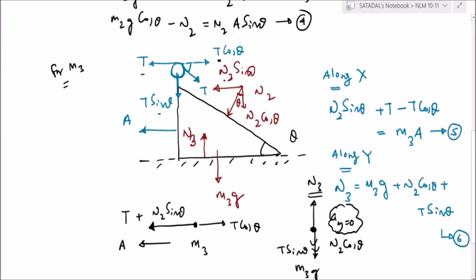So this force must be equal to the sum of these forces. Correct. If you are having much trouble, then my suggestion is that once after identifying the forces, take them as a point mass and note down the forces separately. Okay? Okay sir.